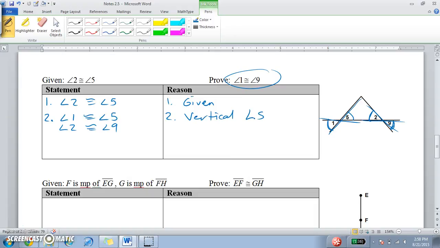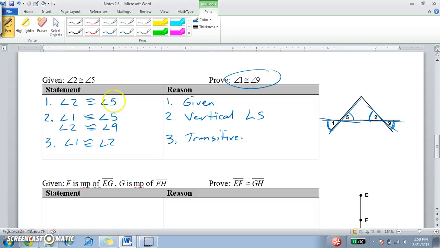Next, we're trying to prove that angle 1 is congruent to angle 9. Well, I've got all these pairs of angles are congruent up here. So I've got 1 is congruent to 5, and 2 is also congruent to 5. Well, if 1 and 2 are both congruent to 5, 1 and 2 must be congruent to each other. That's an example of the transitive property that we talked about on the first page.